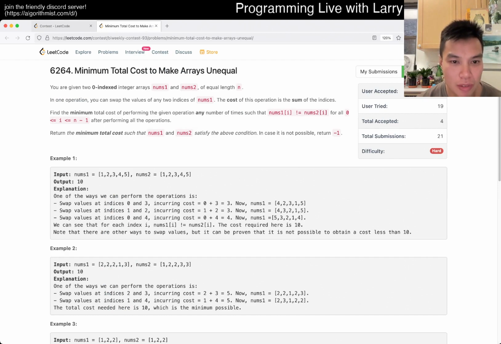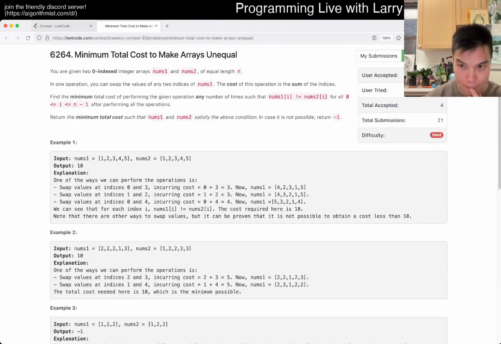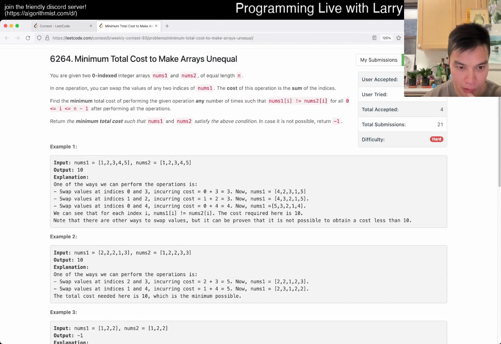Okay, so minimum total cost to make the arrays unequal. You can swap any element. The cost is the sum. Minimum cost such that, okay, so they all have to be different. And 4 people solve it so far.